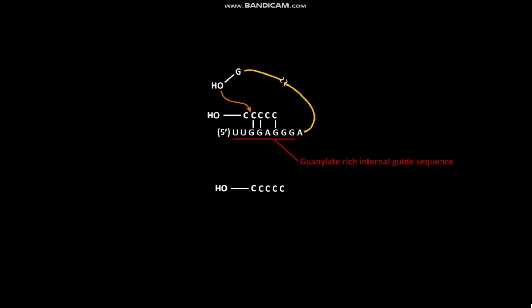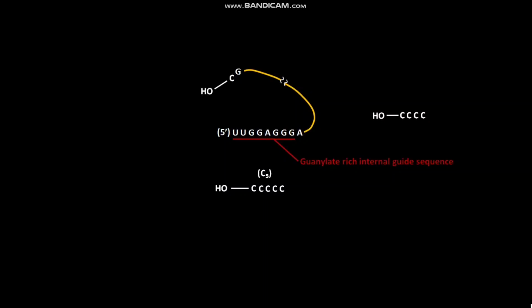Due to this attack, the hydroxyl group attached to the 3' guanine makes a bond with the cytosine of the C5 oligomer, and the cytosine attached to a hydroxyl group in the C5 oligomer makes a bond with the 3' guanine of L19 IVS. As a result, a C4 oligomer is produced. The C4 oligomer is then released from the L19 IVS.